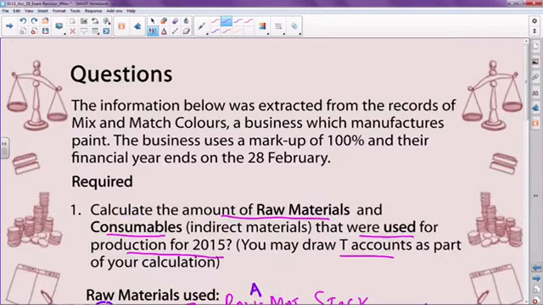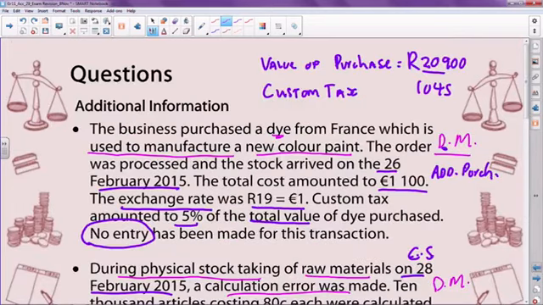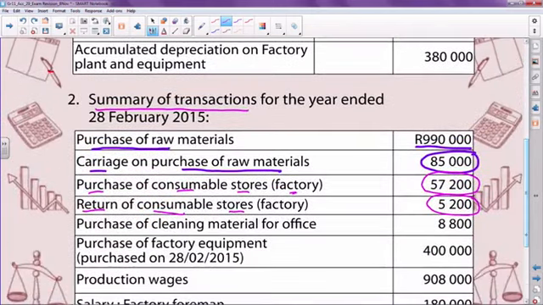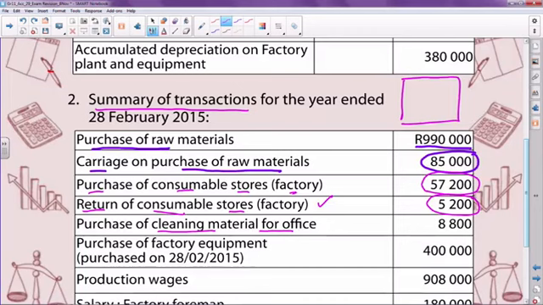So we're going to start with the summary of transactions, bearing in mind that I've already entered 2. Okay, so summary of transactions. Right, consumables entered already. Right, purchase of cleaning material for the office. Now remember, the office has absolutely nothing to do with the factory. I think you guys remember this diagram that I drew for you earlier on during the year.